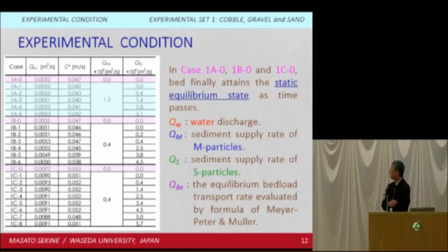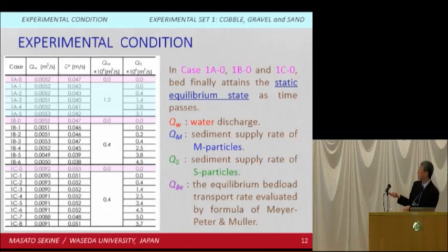Please note that QW is the water discharge, QM and QS are the sediment supply rates of M particles and S particles, and QBE is the equilibrium bed load transport rate, evaluated in this case by Meyer-Peter and Mueller's formula.